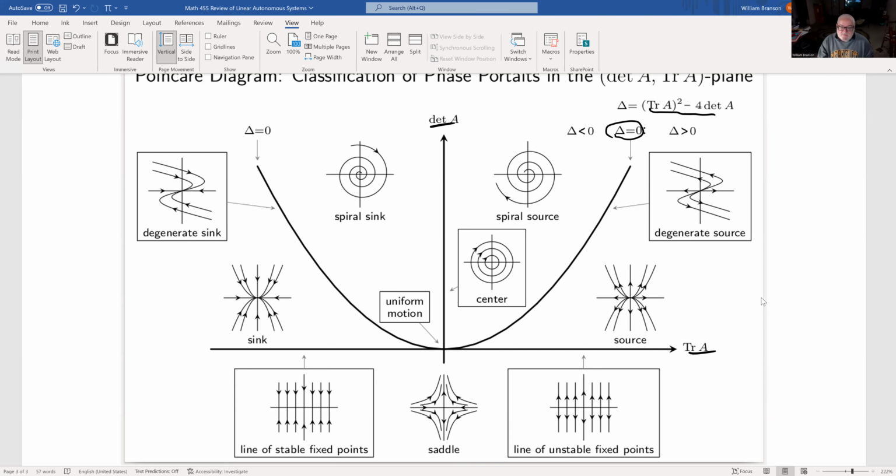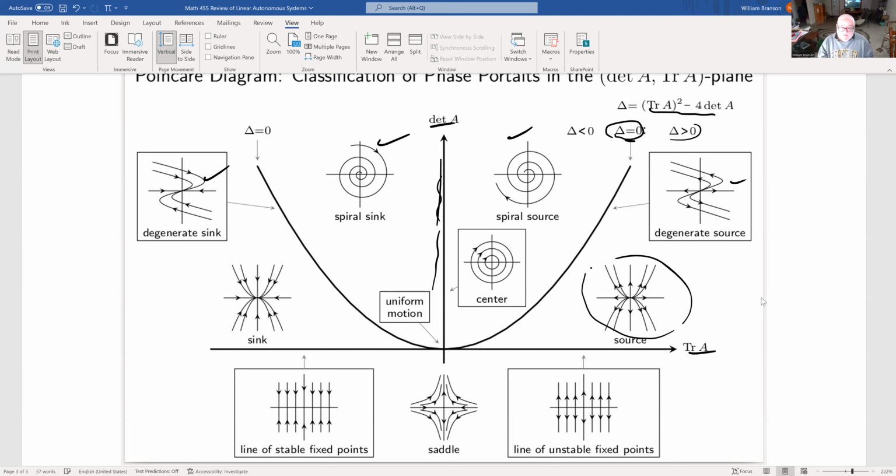If that's negative, if you get a complex number, you get spiral sinks or spiral sources or centers along where the trace equals 0. If the discriminant is equal to 0, well, they call it a degenerate source or degenerate sink, but this is where you have a repeated eigenvalue, and you get things that look like this.